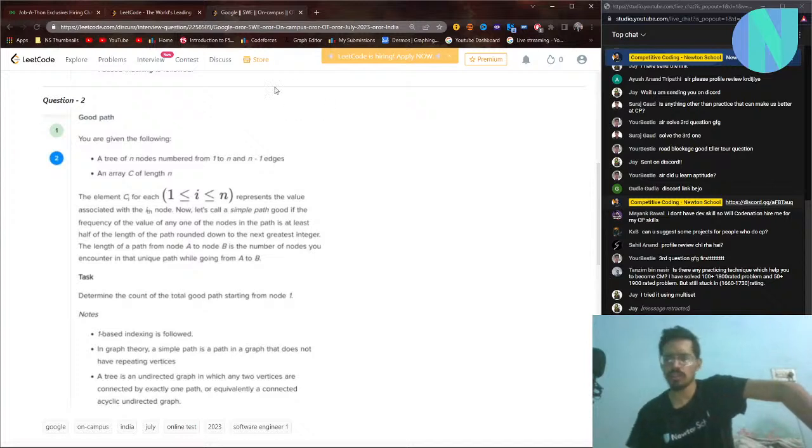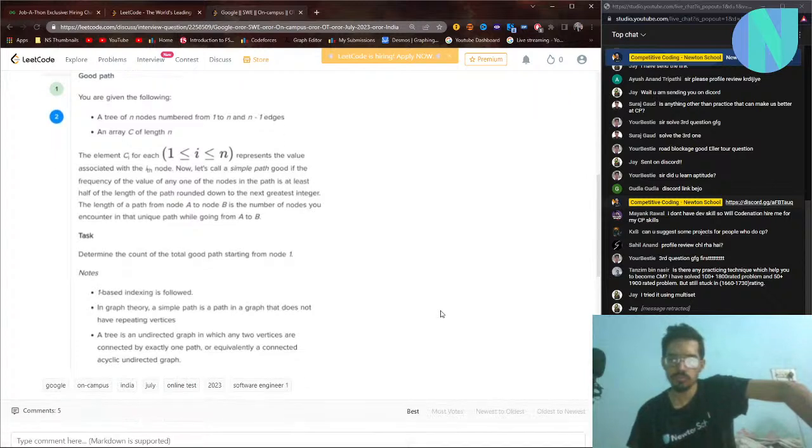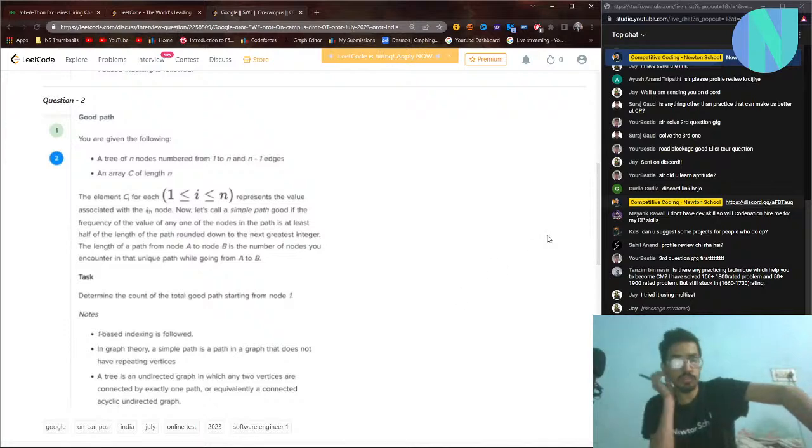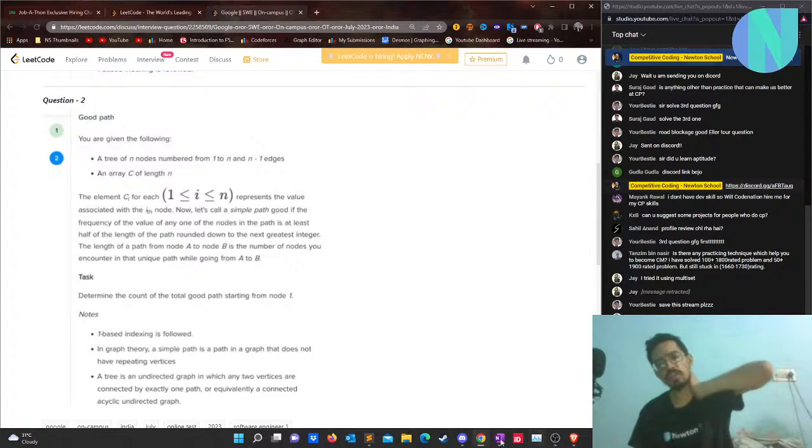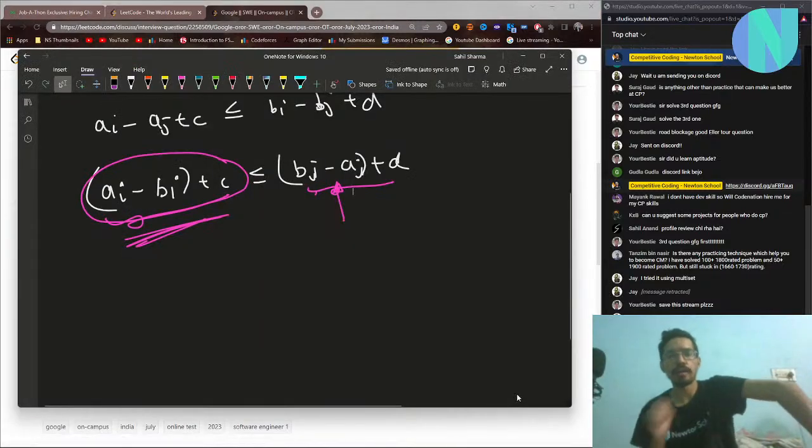Isn't this simple? Can't you just do a DFS in this? Is there something wrong? Can't you just do a DFS, and the element is at least half frequency, so you can do some randomization thing.